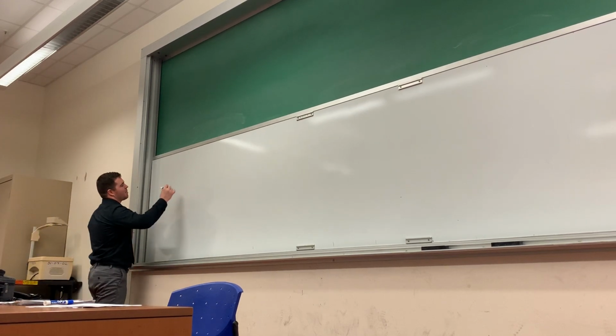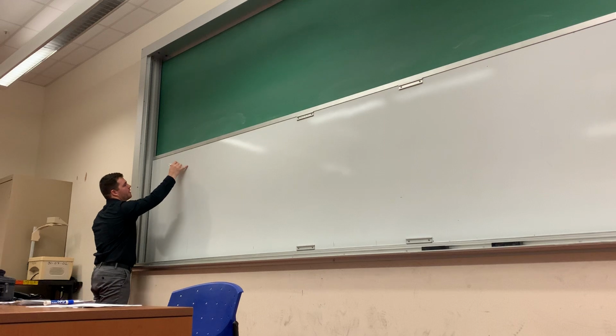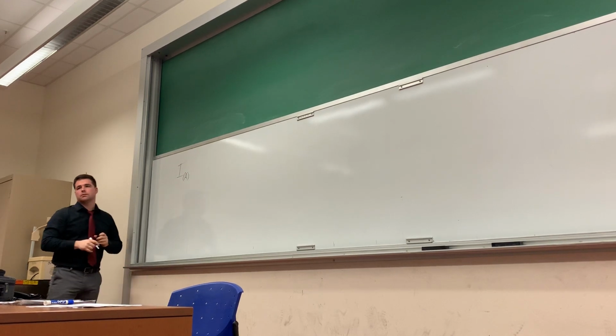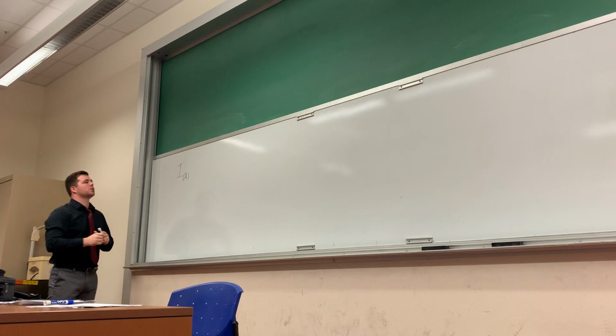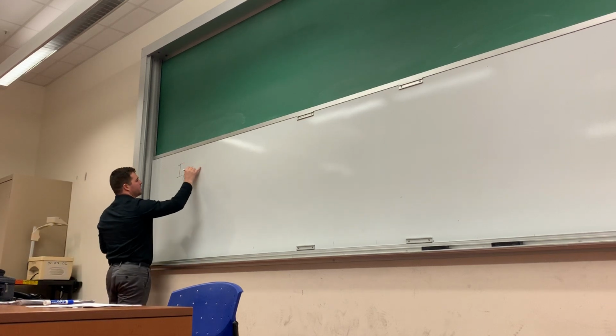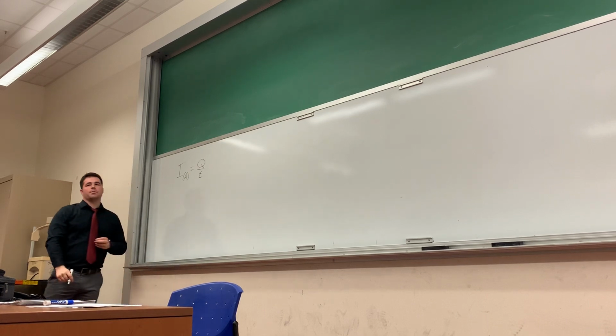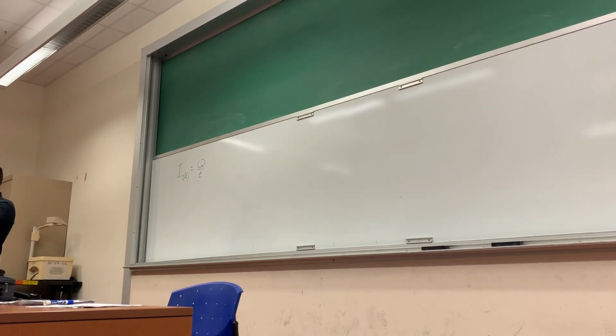We started the topic with current, which is I, but we measure it in A's, amps. And we said current was Q over T. It's the amount of charge that passes per second. So it's similar to a speed.